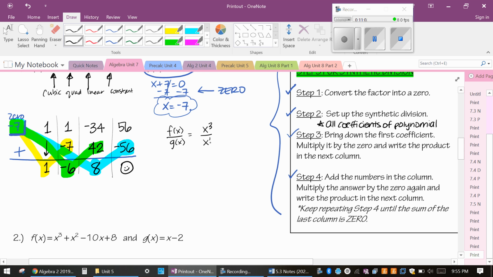When you're dividing x cubed by x to the first power, you're going to end up with x squared. So the 1, the -6, and the 8 are coefficients to a quadratic. This is 1x squared, this is -6x, and this is 8.